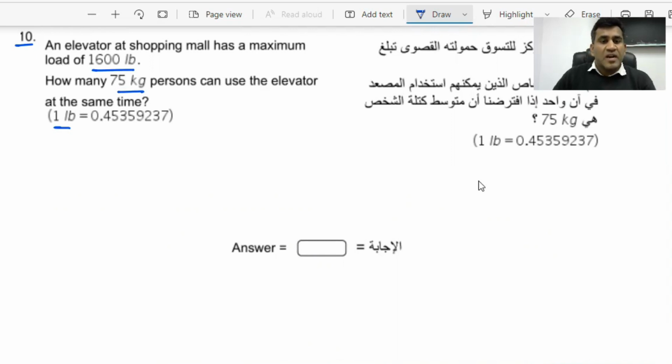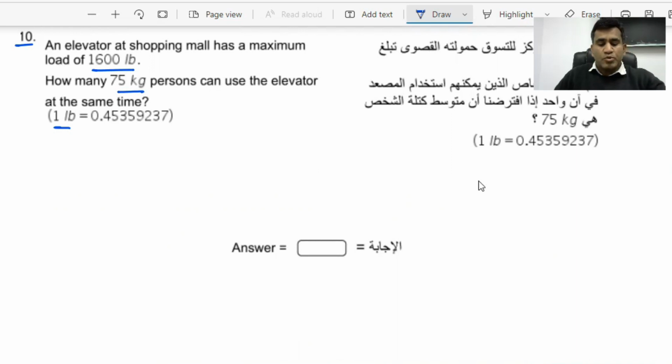So this 1600 lb is representing what in kg. So we can calculate the total weight in kg, and that total weight divided by the weight of each person gives us how many persons can be in the lift. So first let's calculate how many kg 1600 lb is.